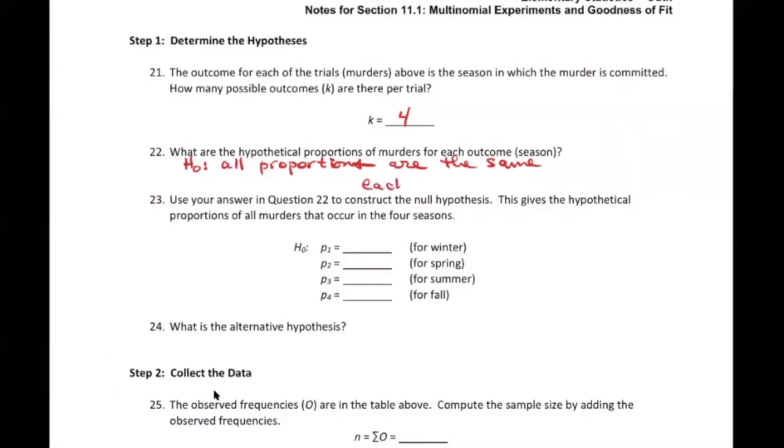Each E must be 0.25. So we're just taking 1 over the number of categories, 1/4 is 0.25. So each one of these, we're saying 25%. Okay, and the alternative hypothesis, H1, would just be these are not all correct, so not all the proportions are 25%.